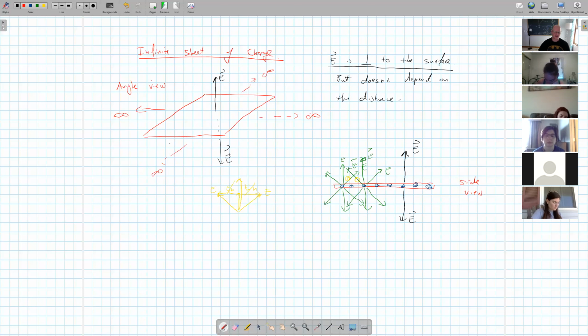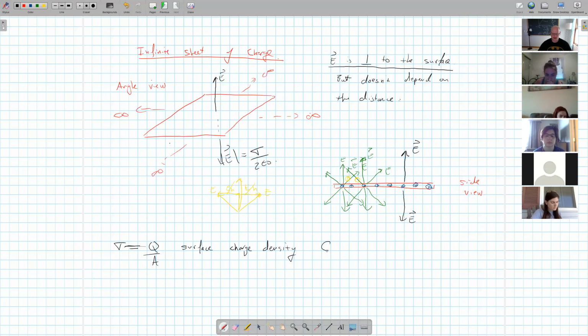It turns out that the magnitude of the electric field is a constant, which is given by sigma divided by 2 epsilon naught, where sigma is equal to the charge per area. This is what we'd call the surface charge density.